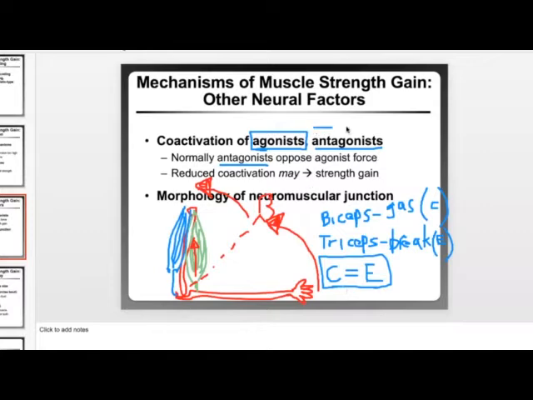So it could be the case that this firing of the antagonist has something to do with opposing the amount of force, or reducing the total amount of force that this bicep can produce. So maybe what happens is there is a reduction in the activation of the antagonist, so there's less of a reduction in strength that is provided by the agonist.